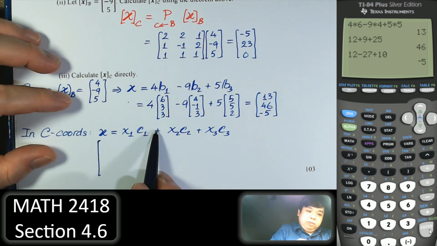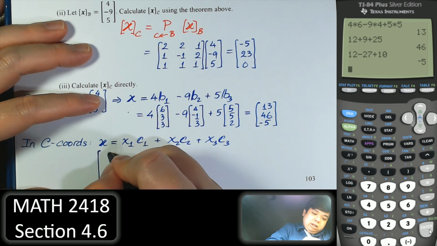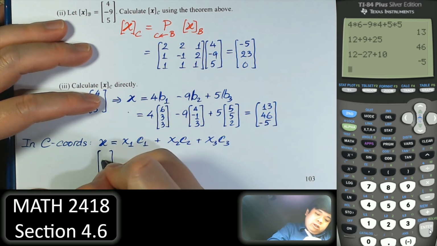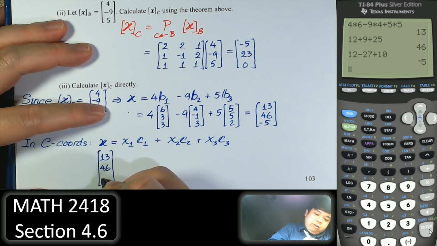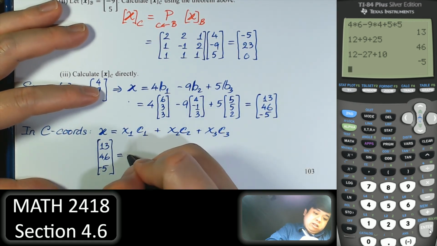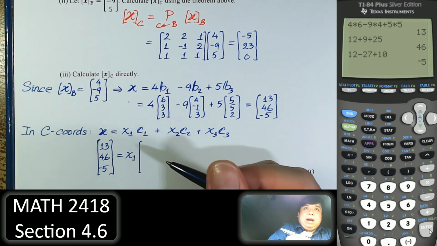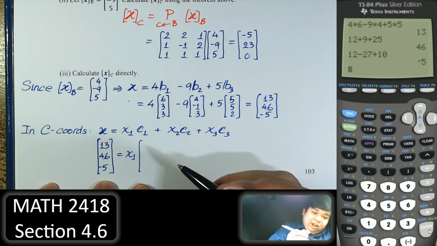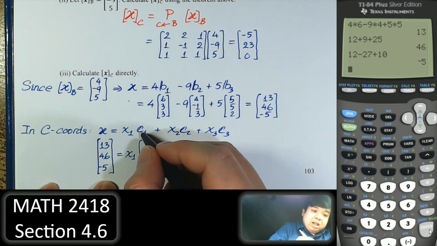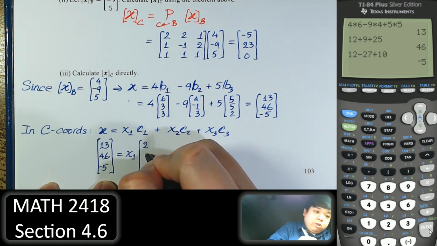I put this in the matrix. x is going to be equal to 13, 46, and -5. And now this is just the vector form of the equation. C1, we know from the original problem, is 2, 0, and 1.